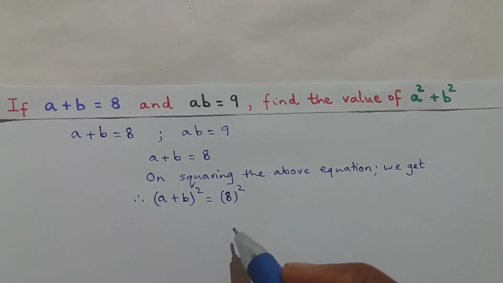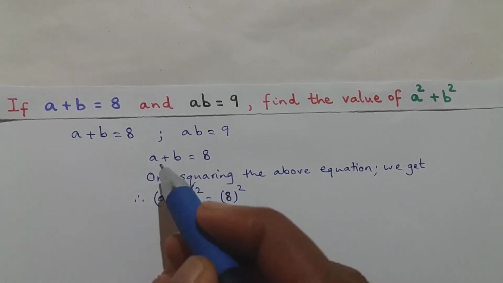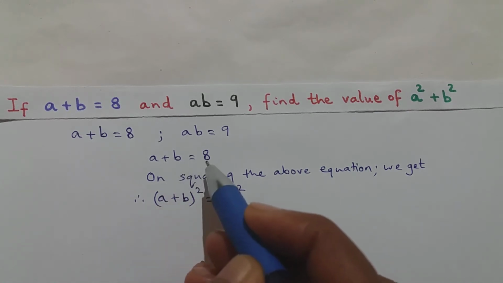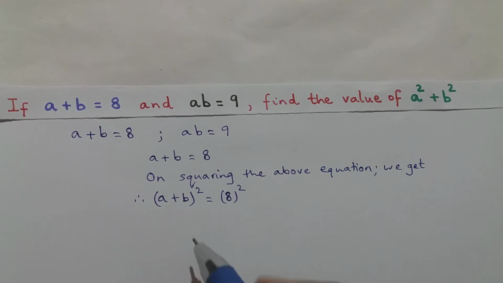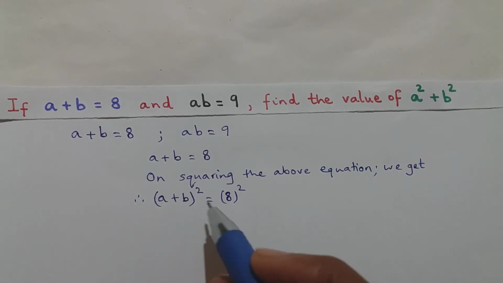So on squaring a plus b is equal to 8, we get a plus b whole square is equal to 8 square.